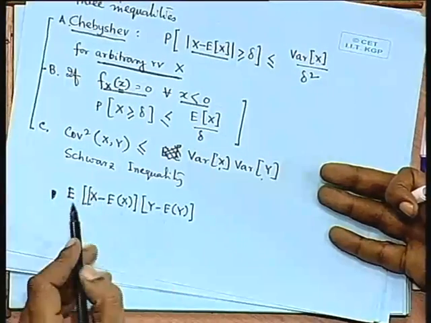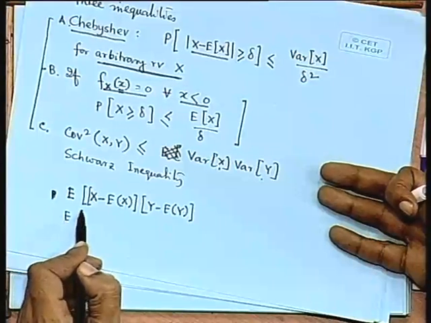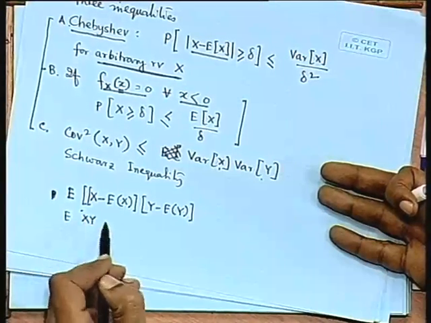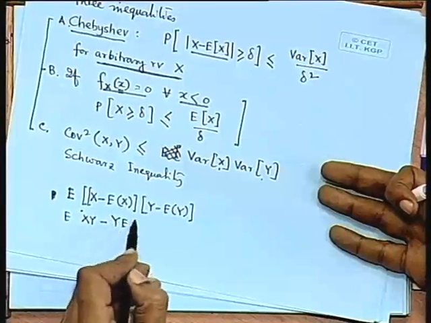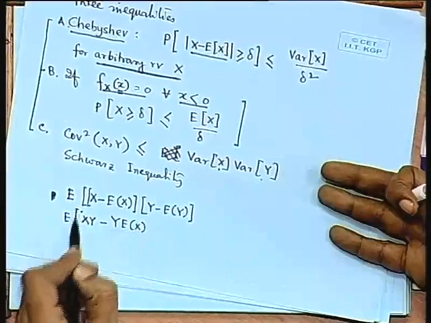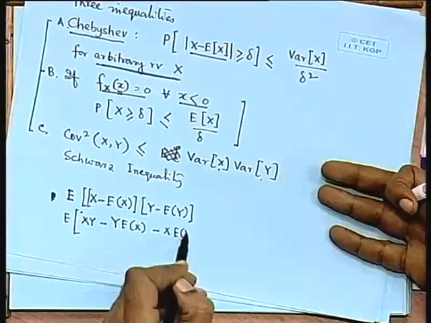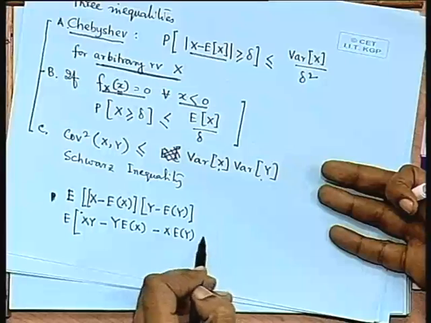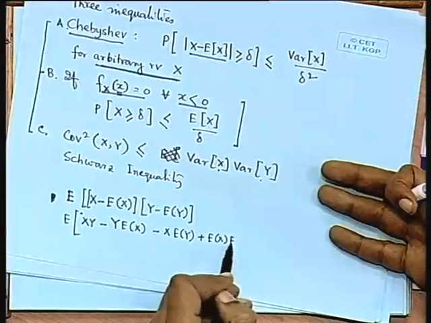So let us multiply, then we get expectation of xy minus y into expectation of x minus x into expectation of y plus expectation of x into expectation of y.